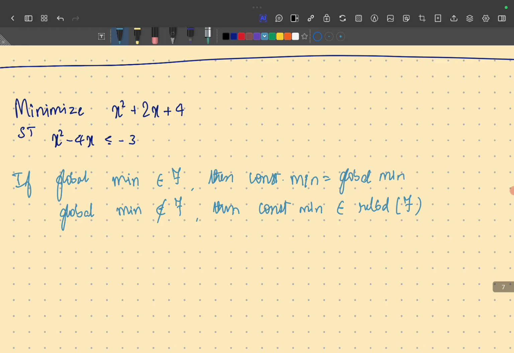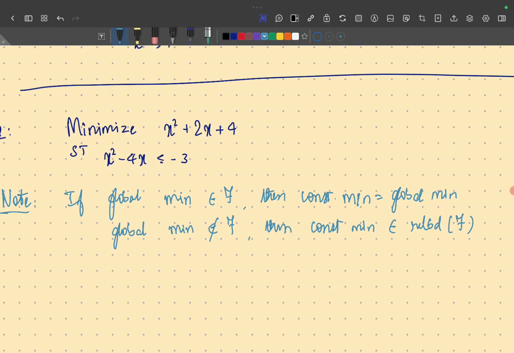The x square minus 4x plus 3 equal to 0 and x square plus 2x plus 4. But why should you look at the point where they intersect? Because if the slopes at both points are positive, and given that it's a convex function, then it's only rising. So we can prove that it's the boundary point.